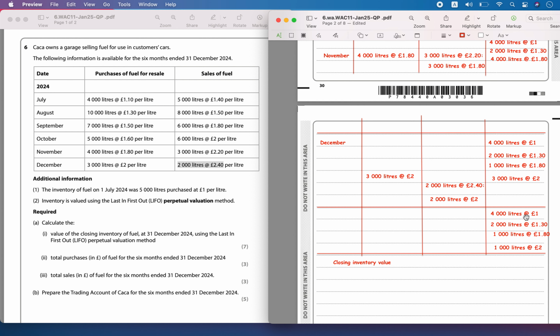Plus, open the bracket, 1,000 into 1.80, close the bracket, so that will be 6,780, plus 1,000 into 2. So when you add up all of this, the total value should be equal to 10,400.